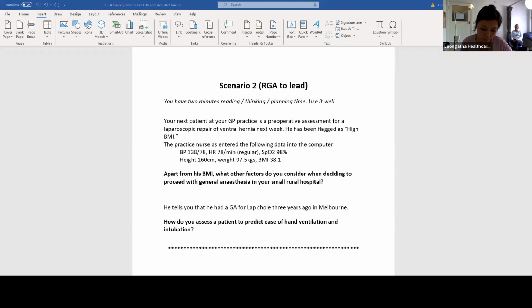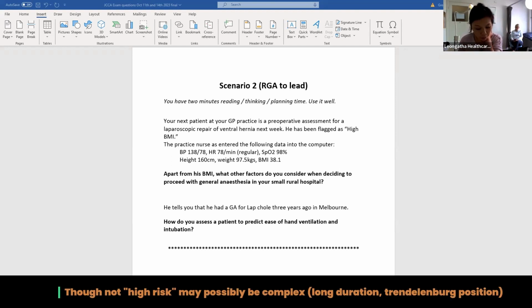It wouldn't be a decision made purely on my own. But in principle, with a BMI of 38, most local hospitals of this size would fit within the scope of practice. The type of surgery he's having is not particularly high risk, so that's one factor.